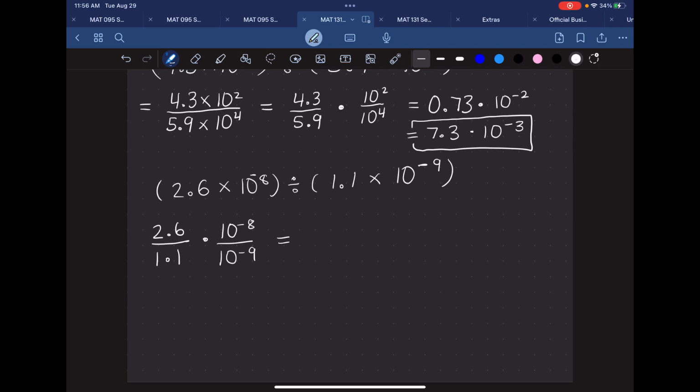Well, when we type this 2.6 divided by 1.1 into the calculator, we end up getting approximately 2.36. And now I'm multiplying that by 10 to the negative 8 over 10 to the negative 9, which is going to become just 10 to the 1. And we can ask ourselves, is this in scientific notation? And it is, in fact, in scientific notation.